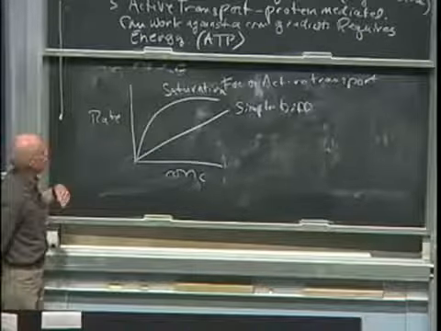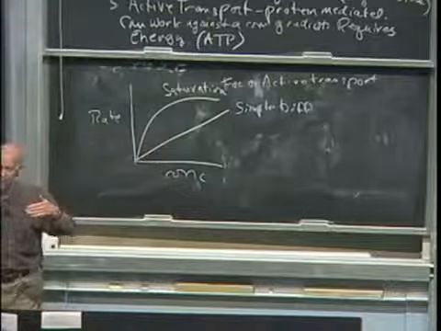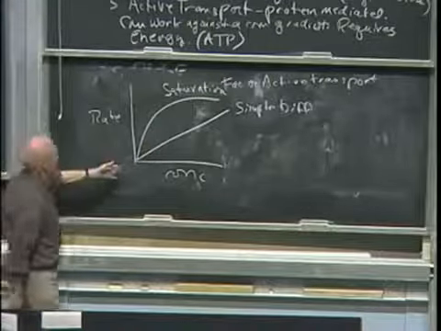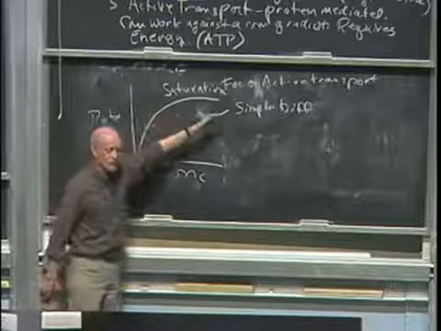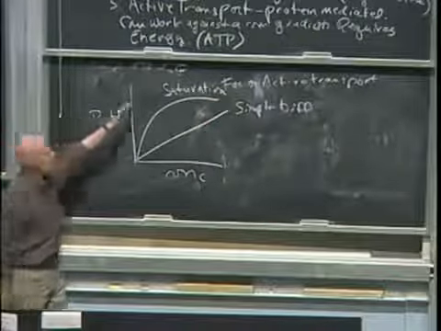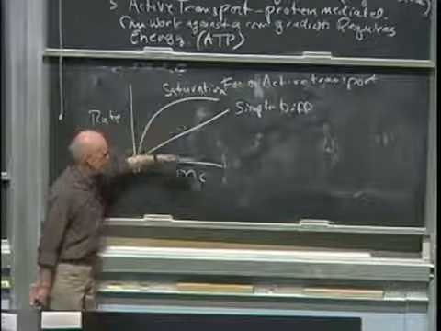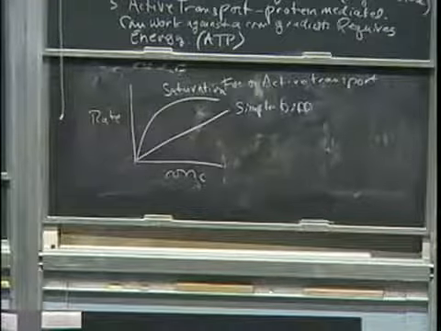This behavior we will see again when we talk about enzymes and enzyme regulation. Enzymes, their activity is saturated at certain concentrations of substrate. Transport proteins, their activity is saturated at certain concentrations of transport proteins because they simply don't have an infinite supply.